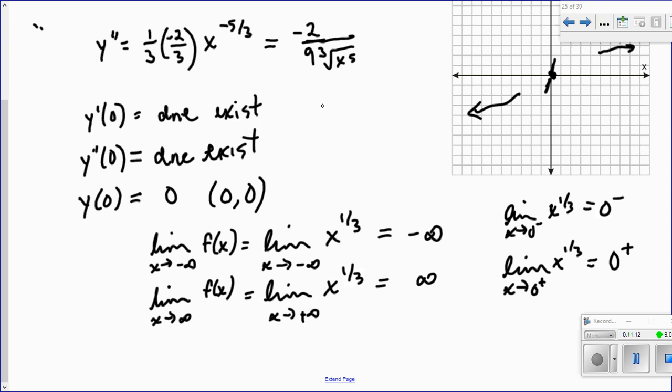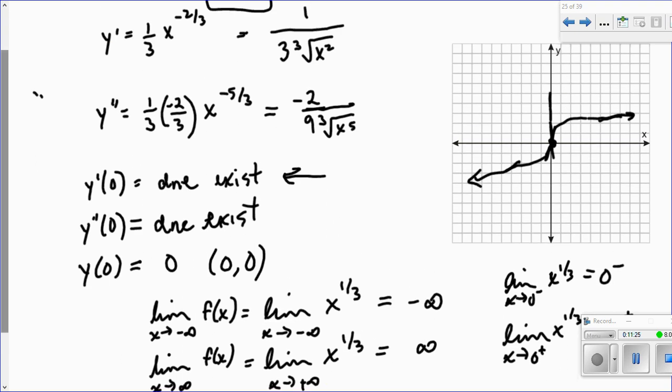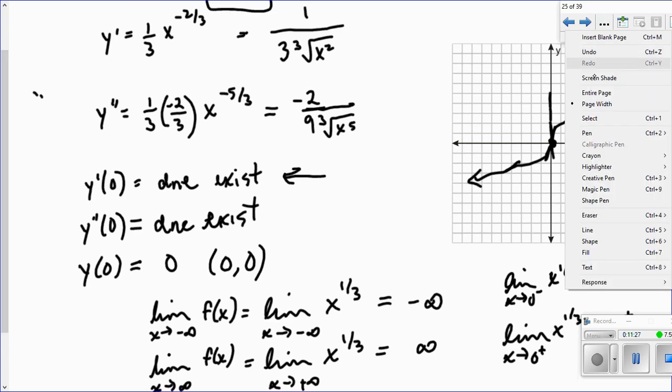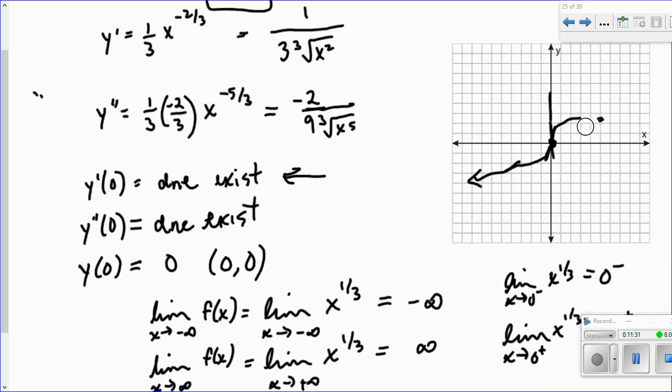I know this. The slope doesn't exist. Maybe we've got the tangent line, and I think it's sort of looking like this. Now that's a pretty terrible sketch. I'm going to try this a little bit better. I'm going to peek at Desmos and see what happens here.